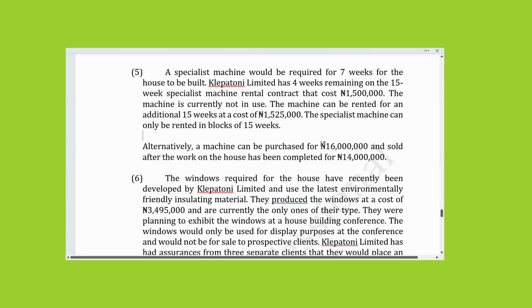Therefore, in this case, you are going to compare 1,525,000 if the machine is rented additionally, or the company should purchase the machine outrightly for 16 million. Then after the project has been completed, it will be disposed of for 14 million, which means the actual cost the company incurs will be 2 million. So you compare 2 million with 1,525,000.